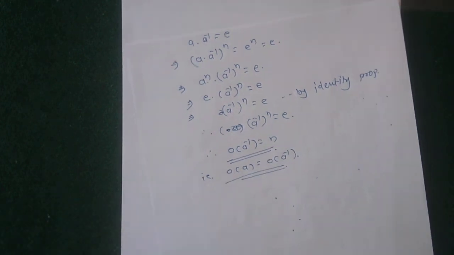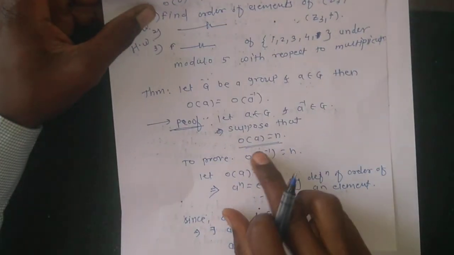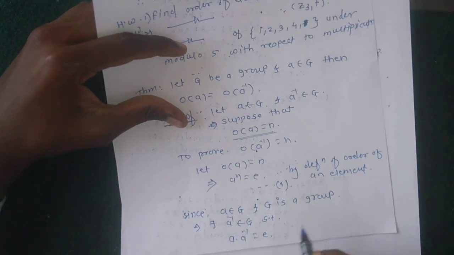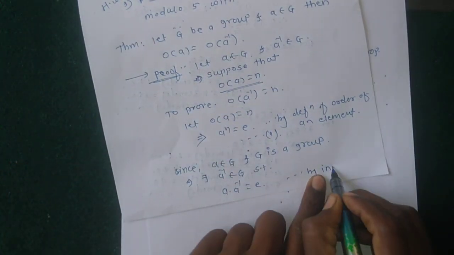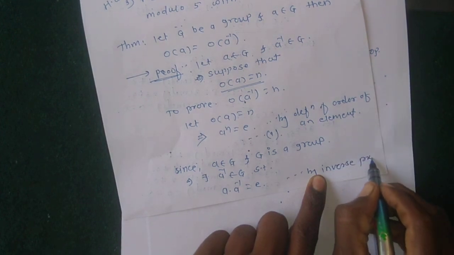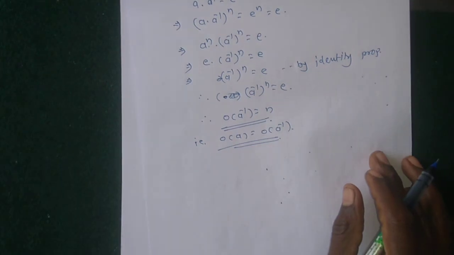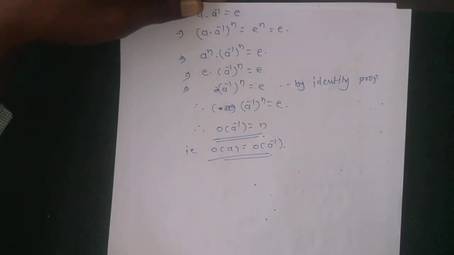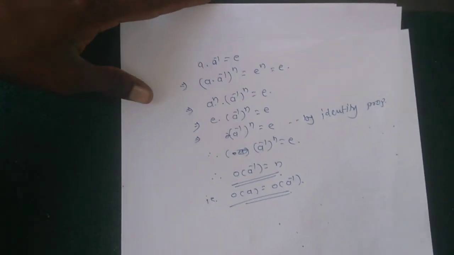This is very simple. Only suppose that the order of A equals n, and apply the inverse property. A into A inverse equals identity, and powering both sides by n, (A into A inverse) raised to n equals identity raised to n, which is always identity. Okay.